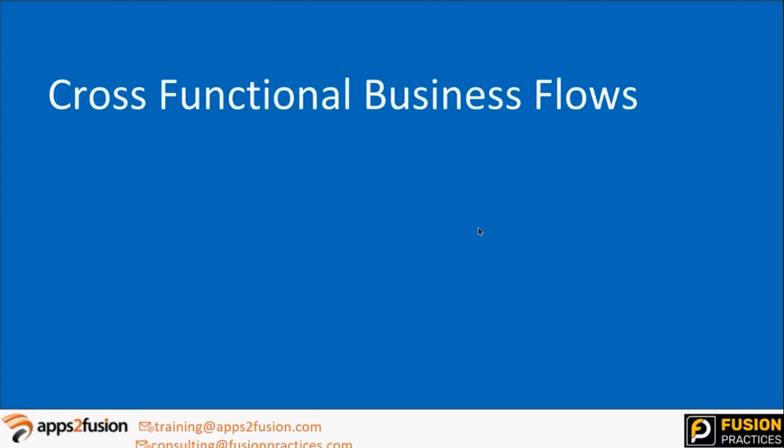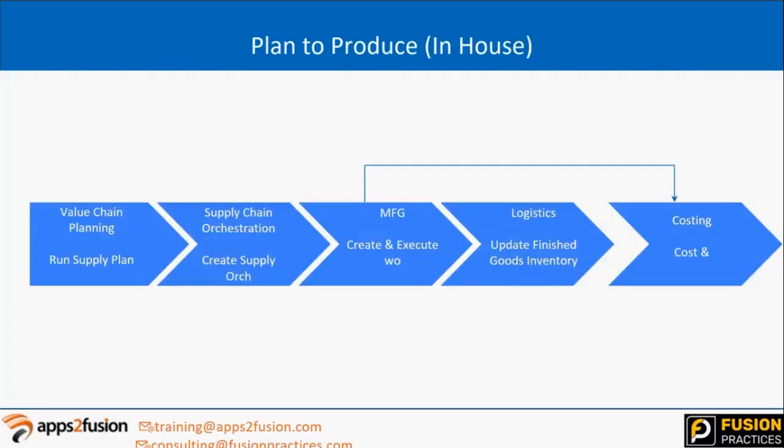Okay, so the first flow we will see is plan to produce. I've put this diagram in the simplest way that I can, not to overwhelm you guys. Plan to produce is where you are planning, as the name says, to produce a material. So that's like in-house manufacturing. We spoke about the in-house capability.